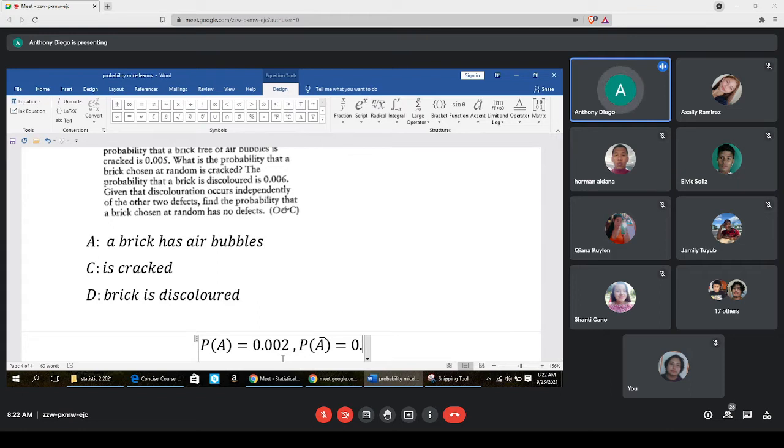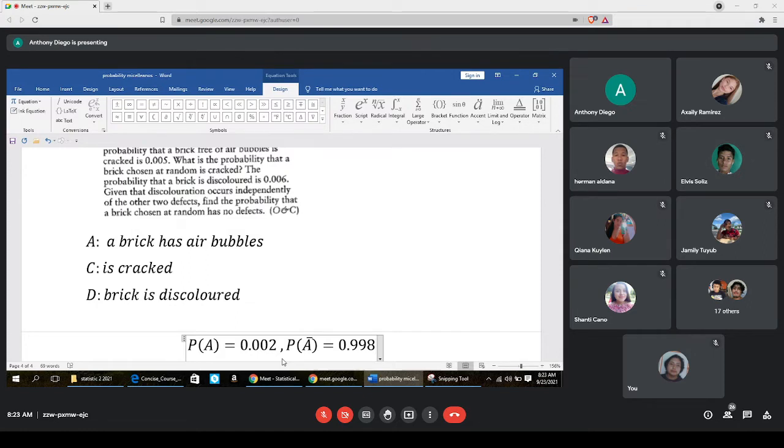So in order for us to get the complement, we need to subtract 0.002 from 1. And that will give us, I think, 0.998. Right? Is that so? Yes, sir.